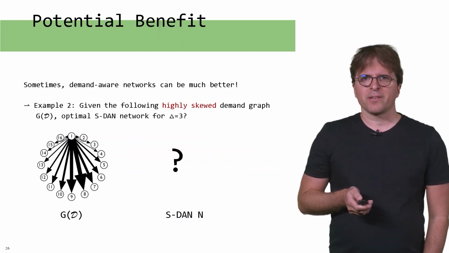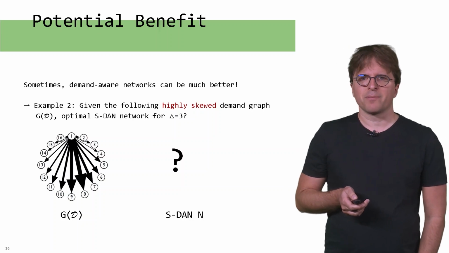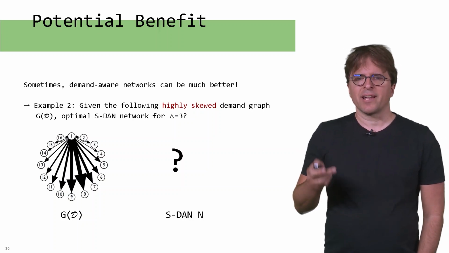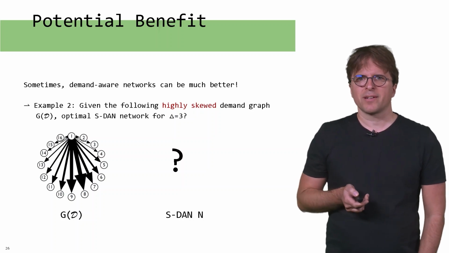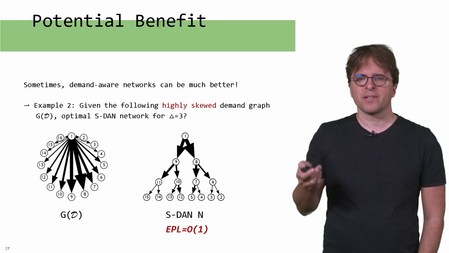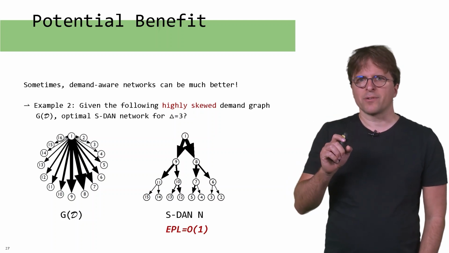Okay, so how could I build a demand-aware network of constant degree for this type of demand? And again, let's do a degree-3 network, for example, a binary tree. So one good solution here would be we have this source that communicates with all the other nodes, and we put it at the root.